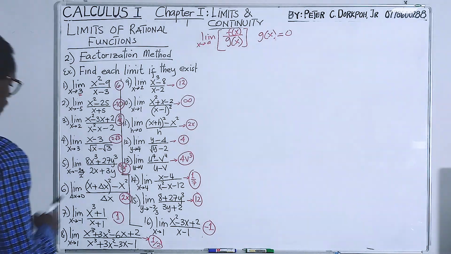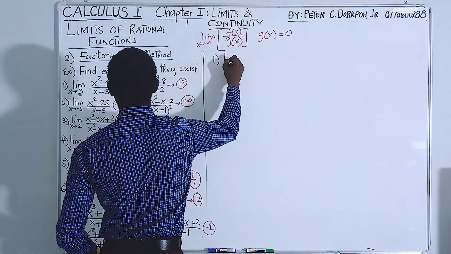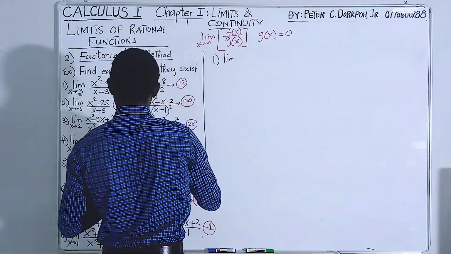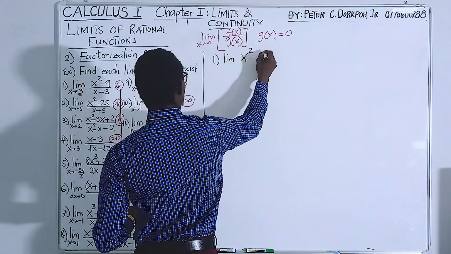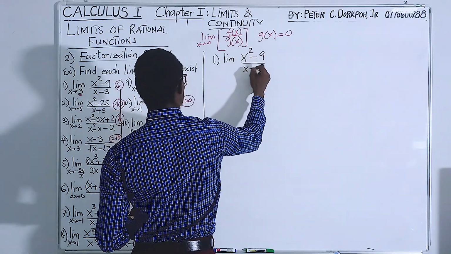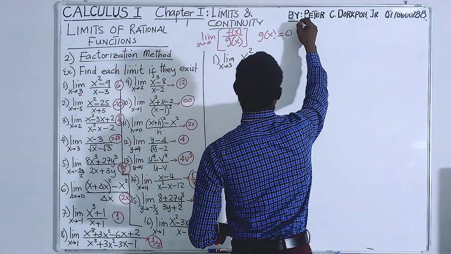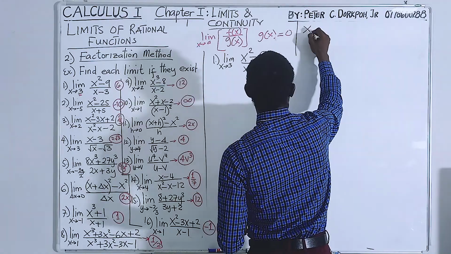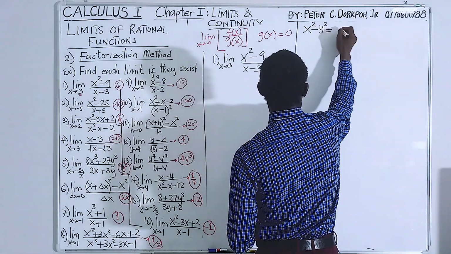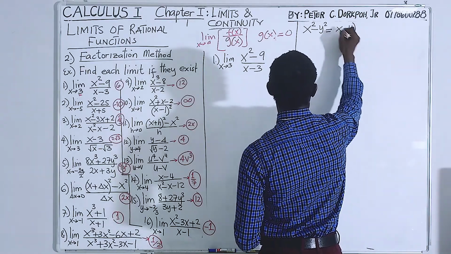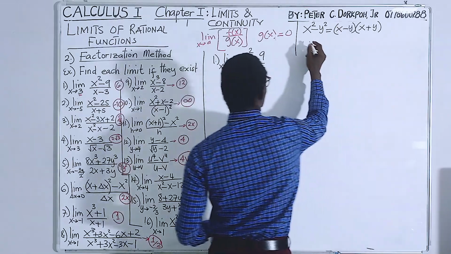Now, we'll do the first problem. The first one says the limit of x squared minus 9 all over x minus 3 as x is approaching positive 3. Now, look at these things. The difference of two squares, x squared minus y squared, is equal to x minus y times x plus y, remember from pre-calculus.